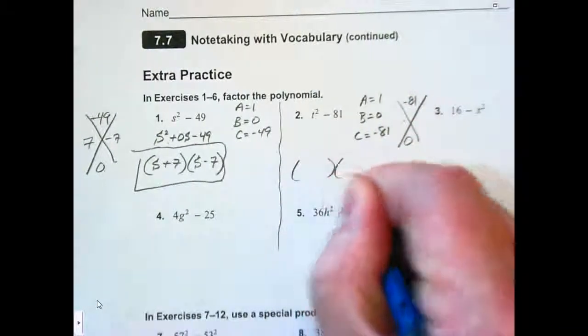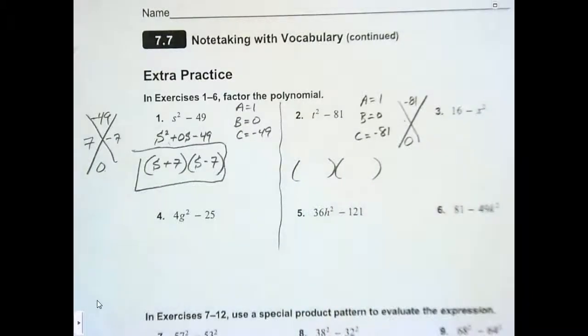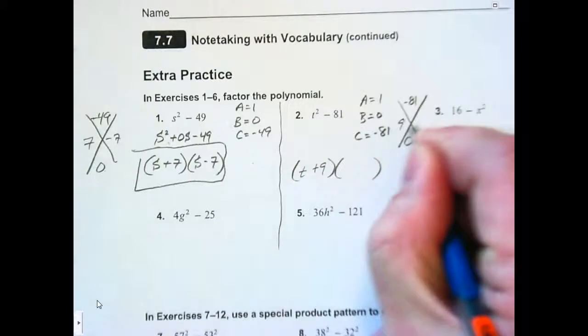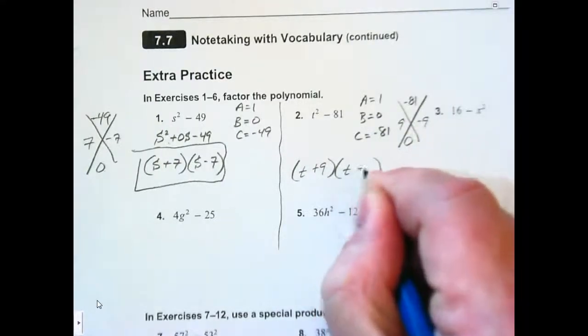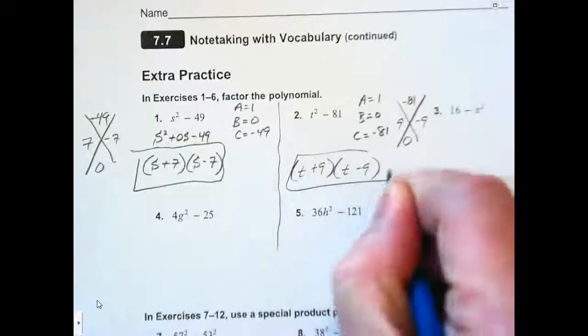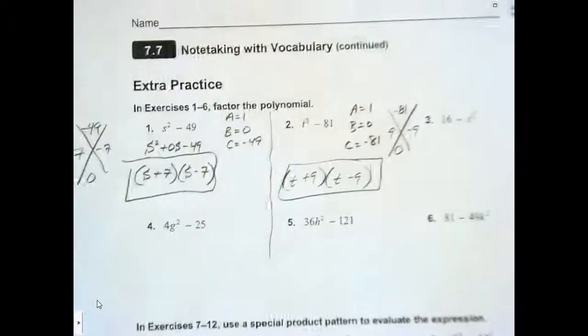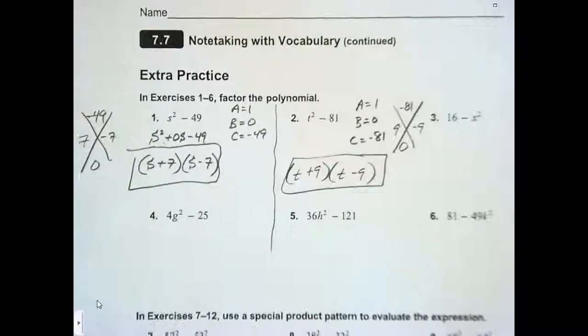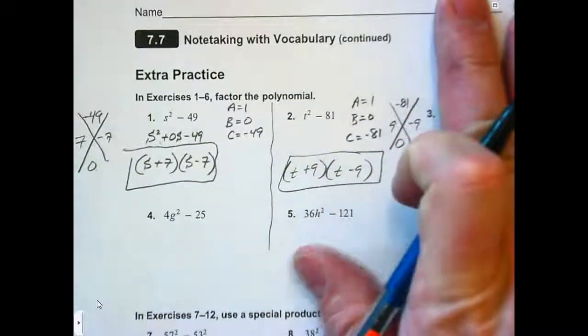Two things to multiply to make negative 81, add to 0. Okay, 9 and negative 9. Once again, there's our answer. We don't have to divide by A because A is 1. Tough? No? Okay. Now I'm going to pause on number 3 for a minute.